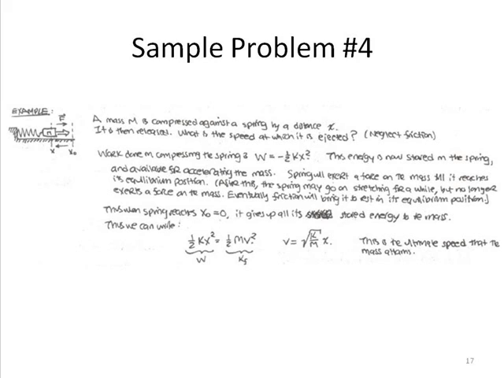Well, the work done in compressing the spring through a distance x is minus 1/2 kx squared. This has to be equal to the change in kinetic energy. Since the kinetic energy is initially 0, the final kinetic energy minus initial is just 1/2 mv squared. And we set that equal to 1/2 kx squared. Again, we have to be careful of signs.